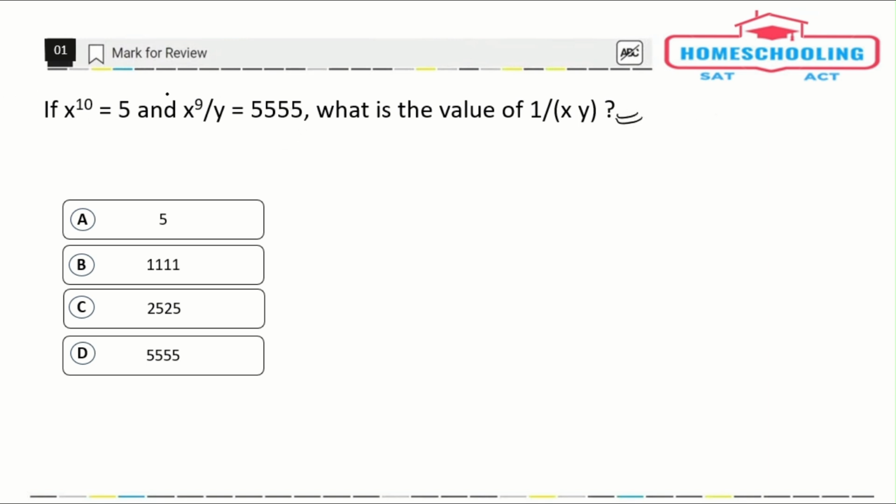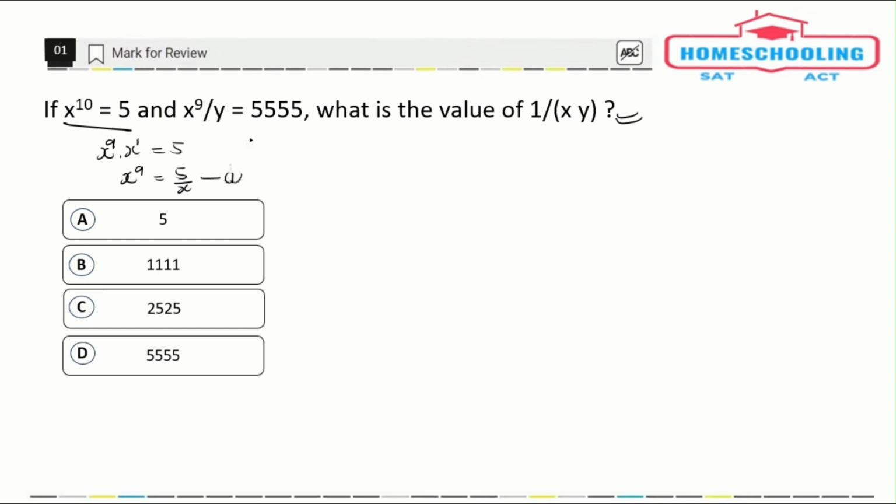First we will take this equation. We can write x to the power 10 as x to the power 9 into x to the power 1 is equal to 5. From this we can say that x to the power 9 is 5 divided by x.